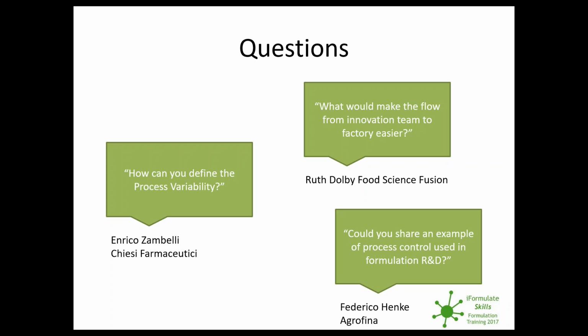Okay. So Federico from Agrofenia has asked, quite obviously, what about an example of process control you've seen in formulation R&D, David? Well, I've seen an organisation that was an FMCG, fast-moving consumer goods business, where product was launched into the facility, and because there wasn't a real understanding in the R&D aspect of process control, bottles were being filled with product, and they were giving more product away to the customer than they needed to.